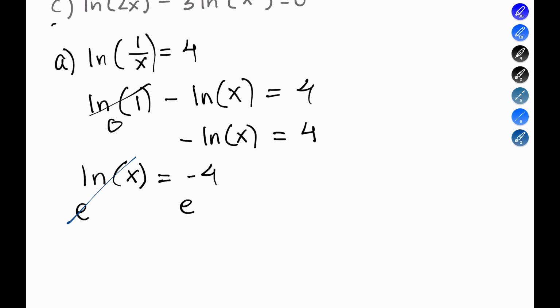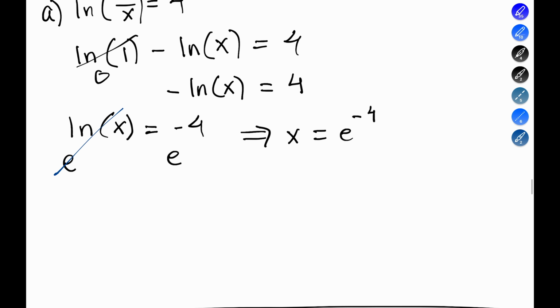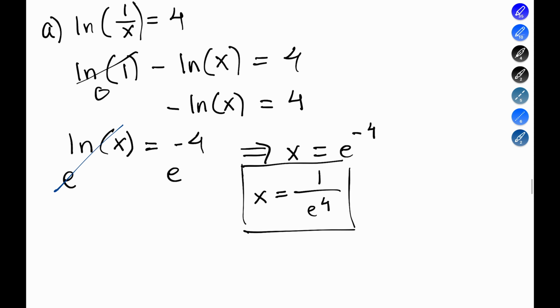So we are going to be left with x. We're going to be left with x is equal to e to the power of -4. And that's our answer, but we could simplify it down to x equals 1 over e to the power of 4, just to keep the exponent positive.